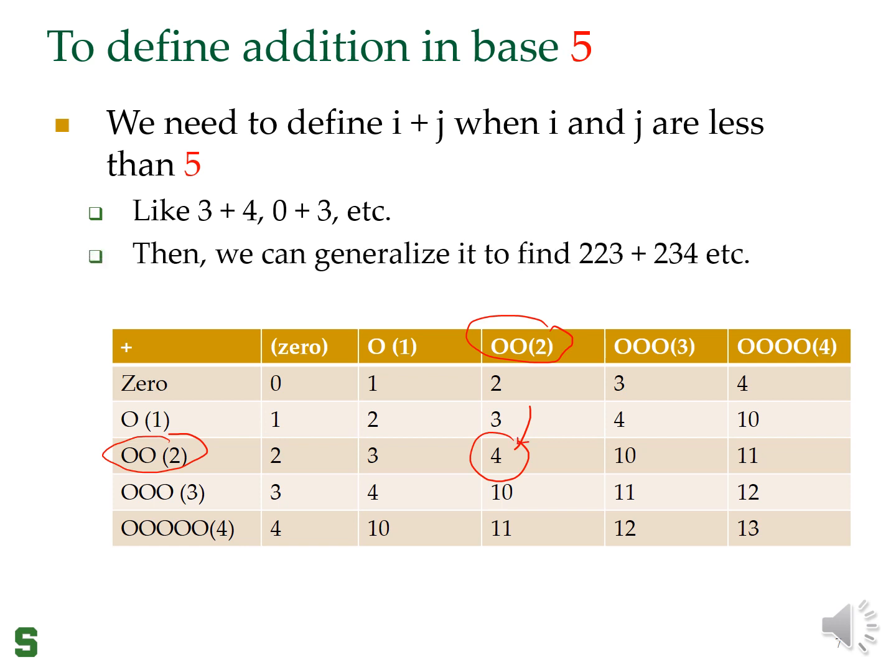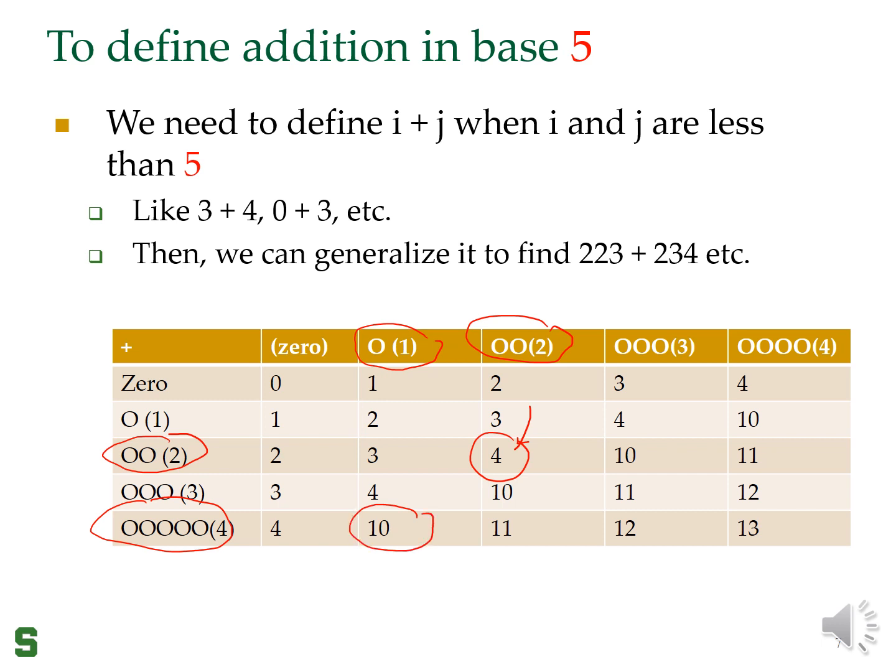If I had this object and I added this object to it, that was 4 plus 1, and that means I got an object that was represented by this.